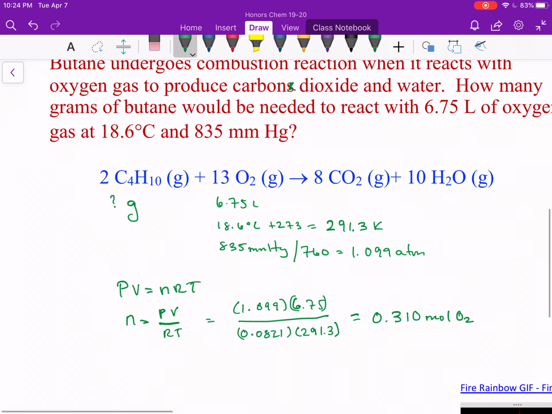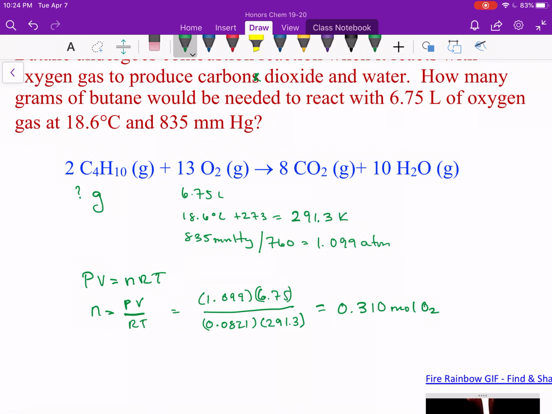So now that we know the moles of O2, then we're just going to back into it. We go 0.310 moles of O2 times my mole ratio, which in this case is 2 moles of C4H10 divided by 13 moles of O2, which is 0.0477 moles of C4H10.